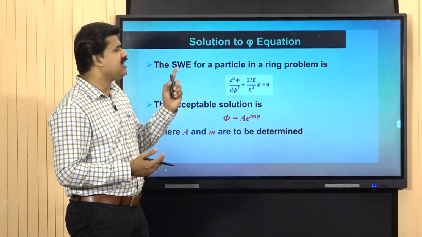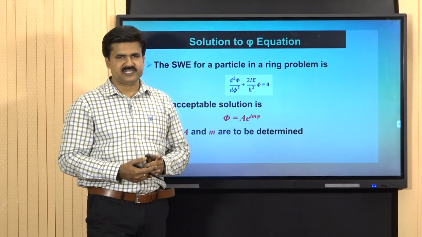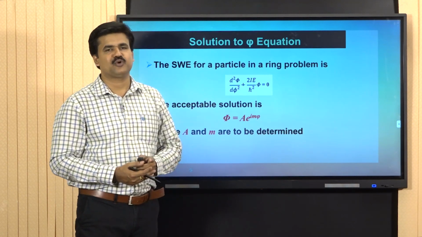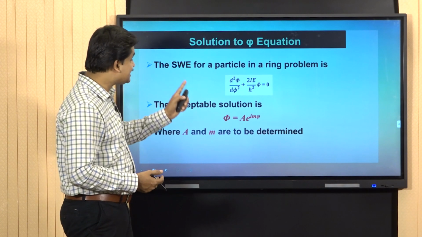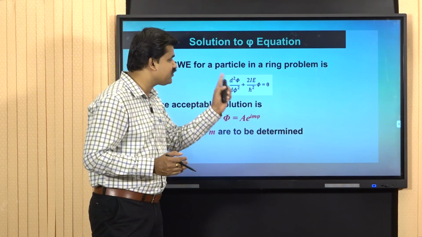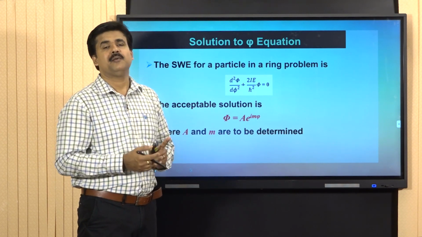Now, we have to get the solution to the phi equation. The Schrodinger wave equation for a particle in a ring problem is d square capital Phi divided by d phi square plus 2IE by h cross square into Phi is equal to 0. The acceptable solution of this kind of second order differential equation can be adopted from mathematics.